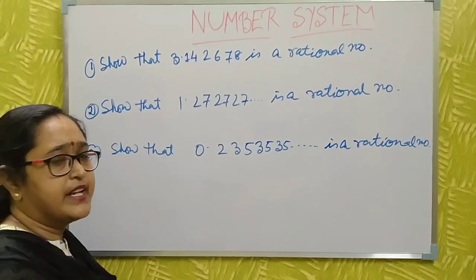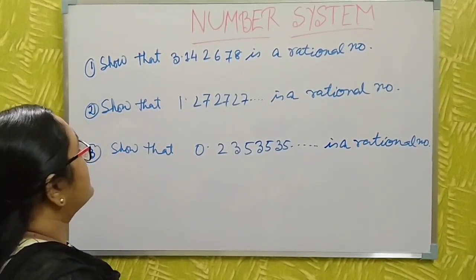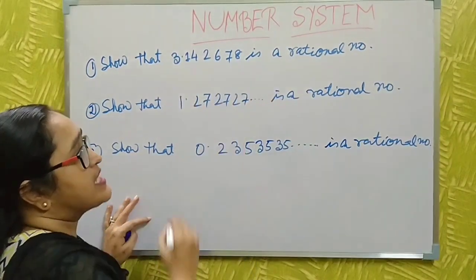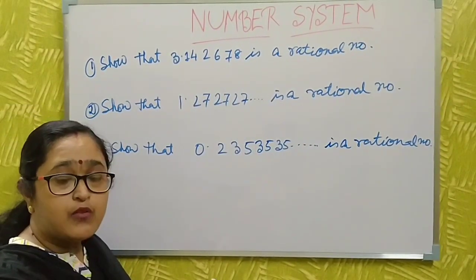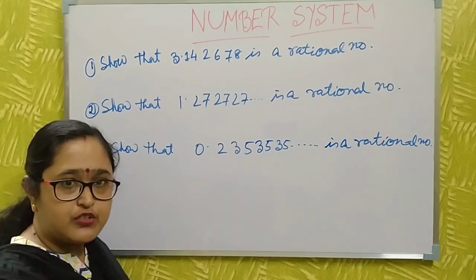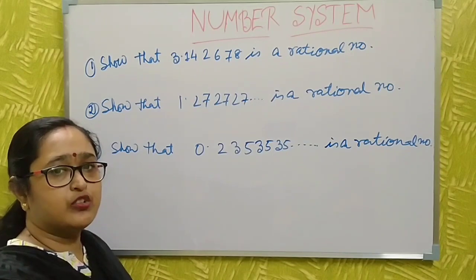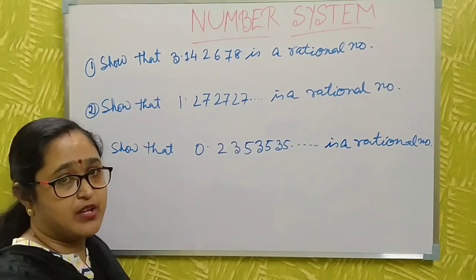Now I discuss a few sums also, to show that this number is a rational number. What is the definition of a rational number? The number which can be expressed as p by q, where q is not equal to 0, and p and q are coprime. Then the number is called a rational number.